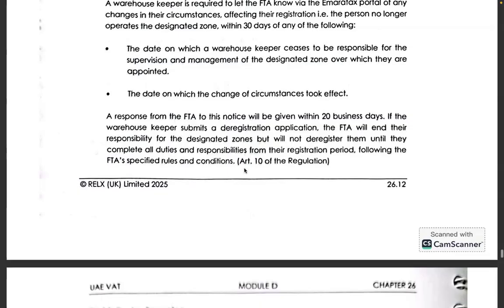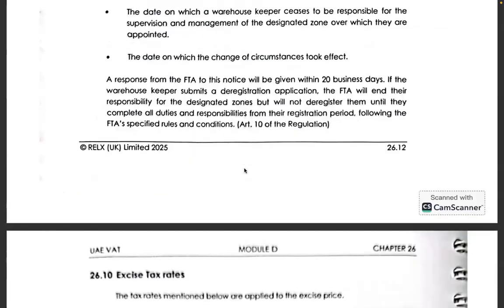So the warehouse keepers will not be deregistered until they have fulfilled all their obligations under the excise tax law. They've provided information, all responsibilities, data handover, whatever it is. Only after that will they be deregistered.